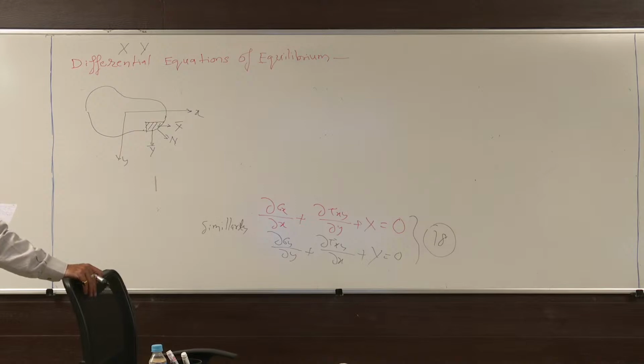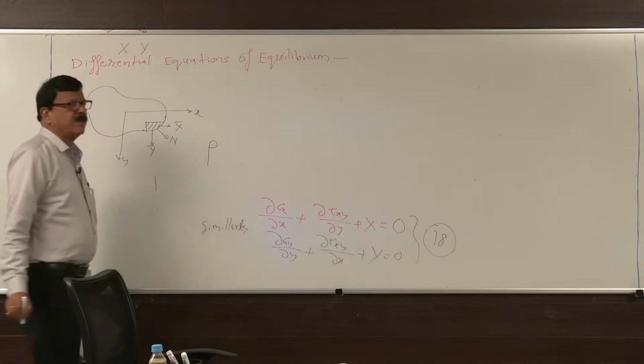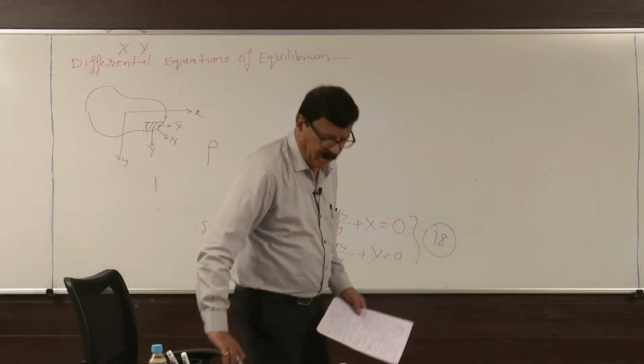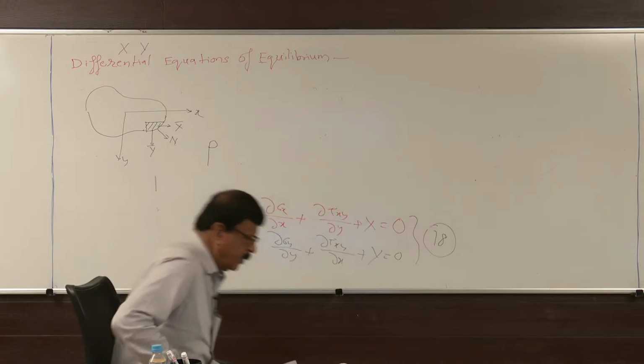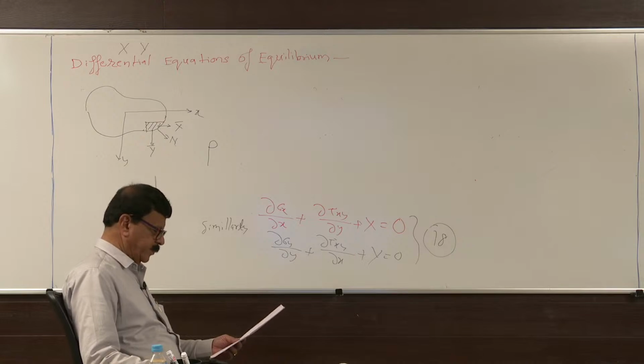If the mass of the body is m, and the density is rho, this symbol is rho.